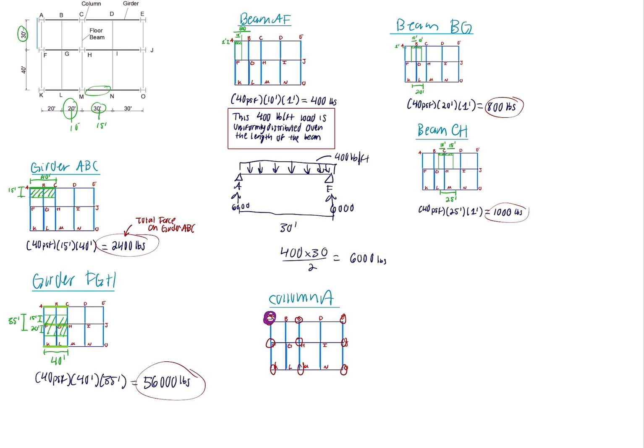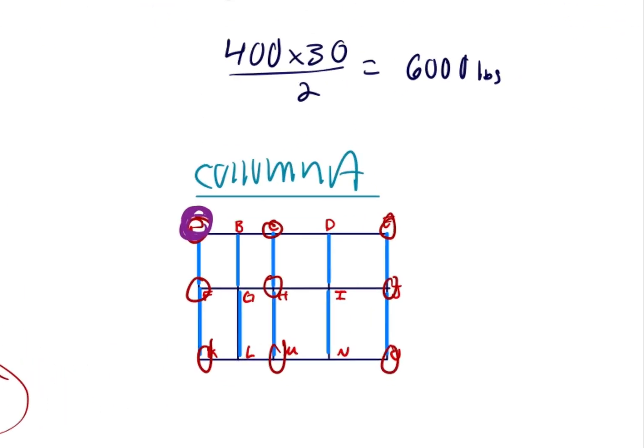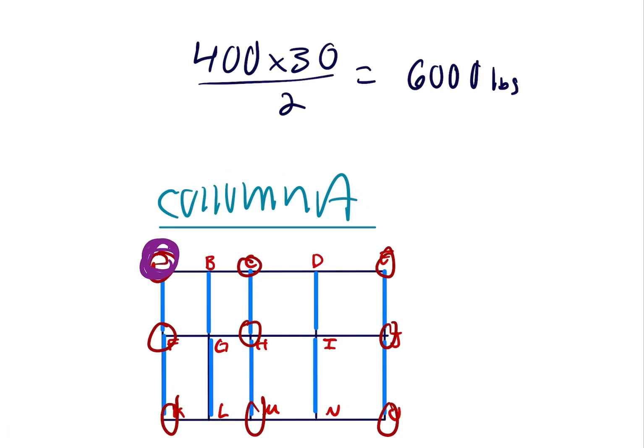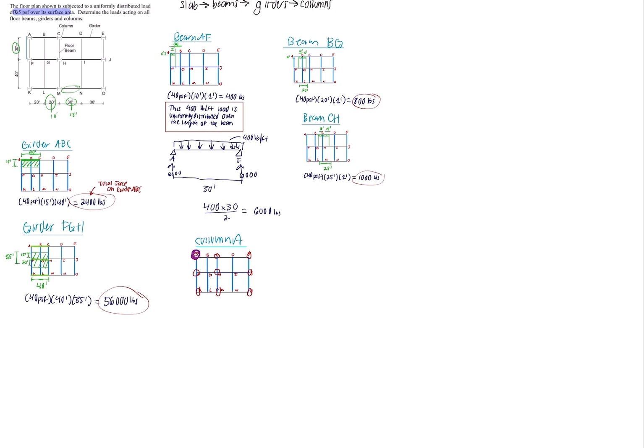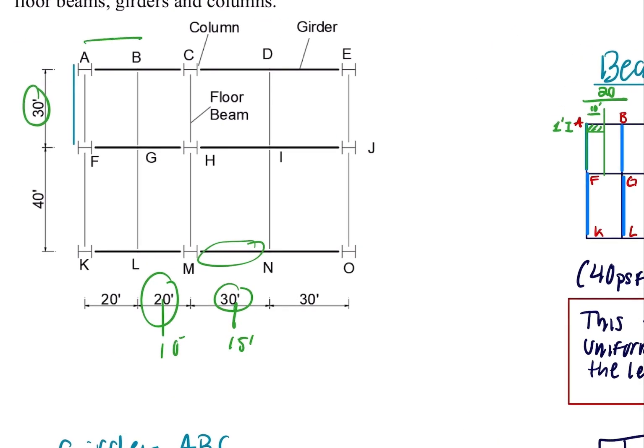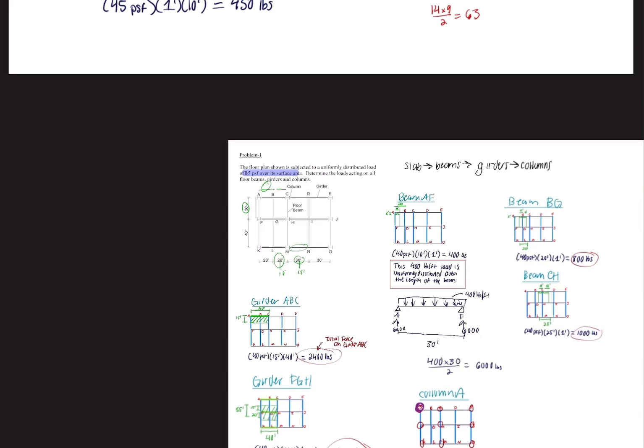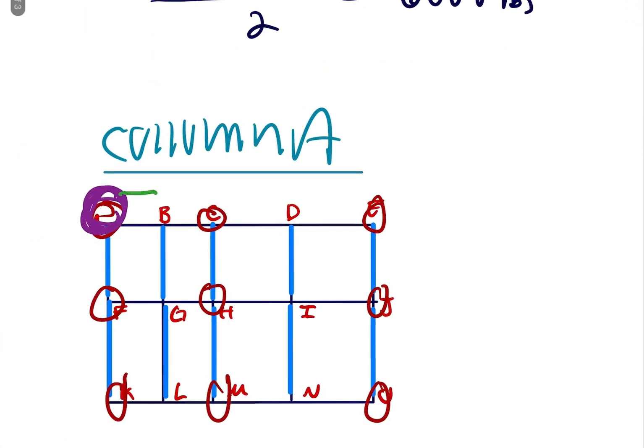We will calculate the tributary area for column A. So we see that column A is right here, and the next column over is C. So it will have to take half of this total length for its tributary area. This length is 20 and this length is also 20, so it will take the length of 20 feet.